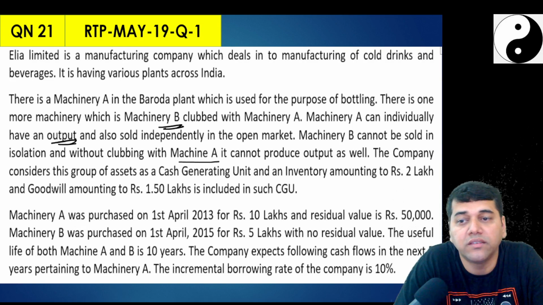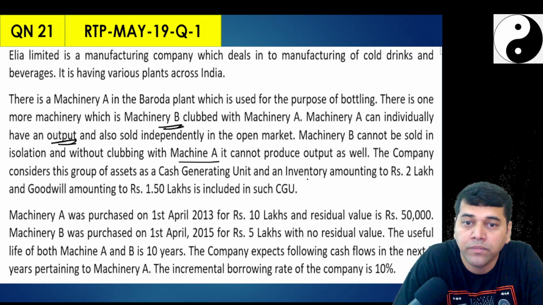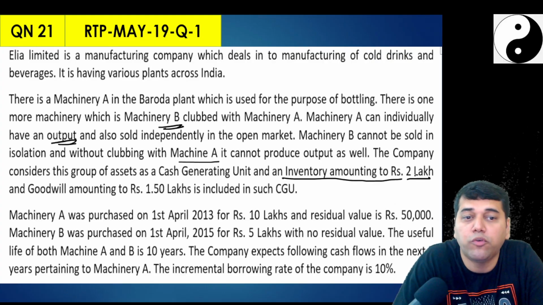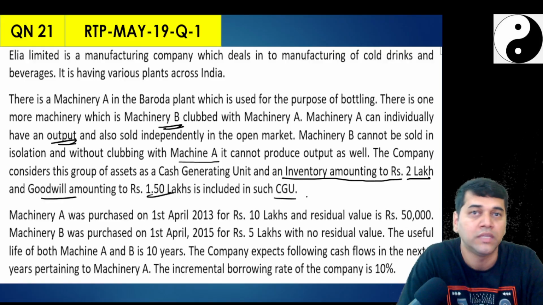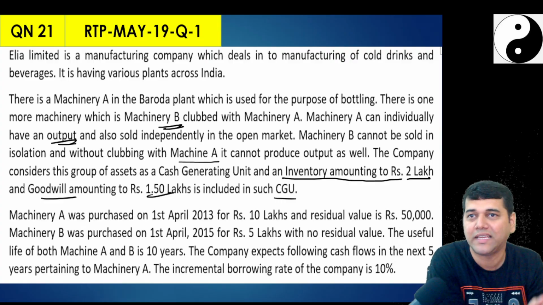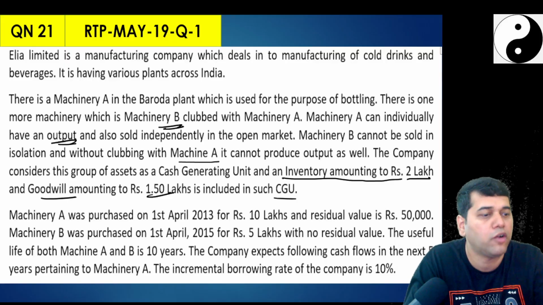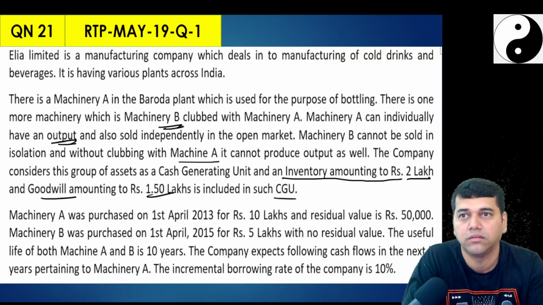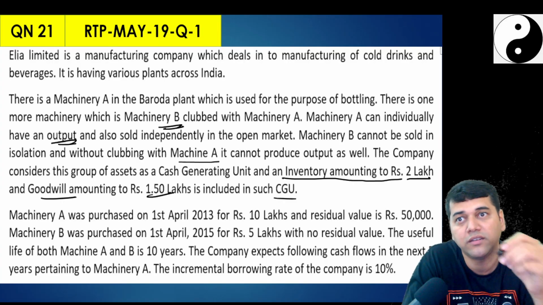Now the company considers this group of assets as a CGU, A and B, along with inventory amounting to 2 lakhs and goodwill amounting to 1.5 lakhs included in the CGU. There are some good inventories lying there. That is also part of the CGU. CGU means everything, no? Is the fan part of the CGU? Should I consider the markers?